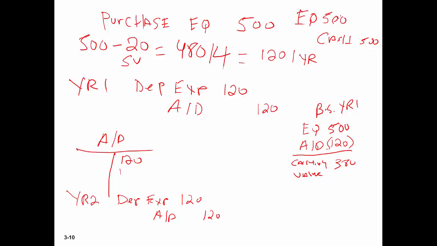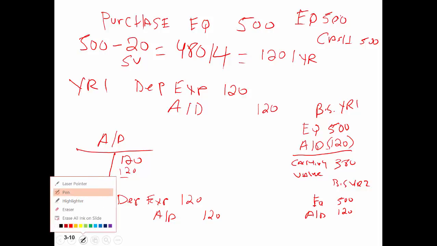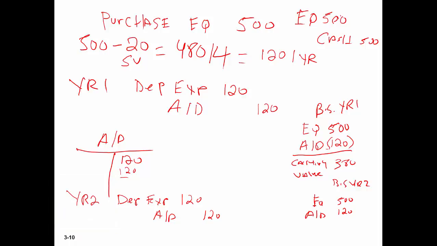I prepare my balance sheet now for year two, and my balance sheet for year two is going to have equipment of how much did I pay for the equipment? 500 less the accumulated depreciation of, now it's what? 240. Accumulated depreciation of 240 now.